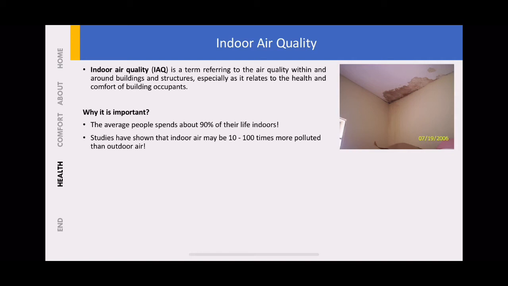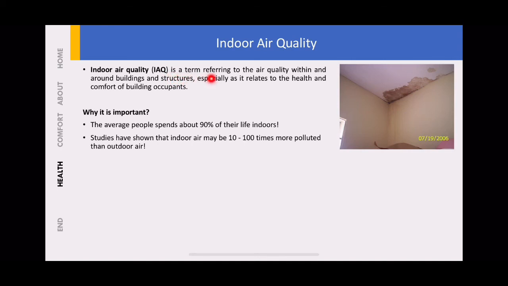So you will have a lot of gypsum boards, or walls or ceilings made of asbestos or other materials that allow mold to build up. For example, what you see in this picture sometimes has adverse effects on human health. So indoor air quality is the term given to this study.